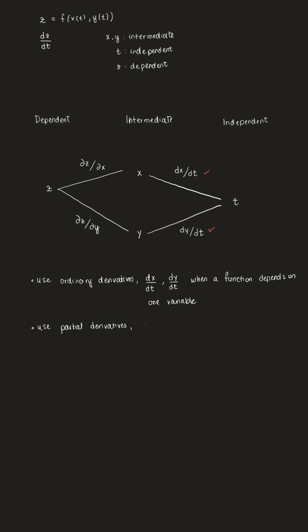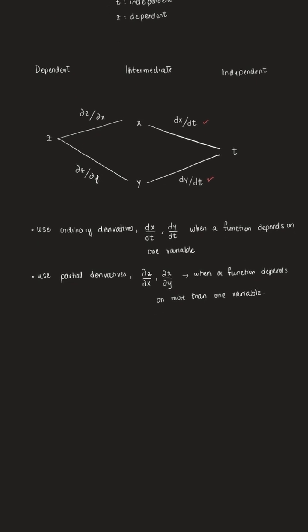In this example, we used dz dx, dz dy, for instance, and that's because our function depended on two variables. So more than one variable. Now, how does this tree diagram help us write down the chain rule?